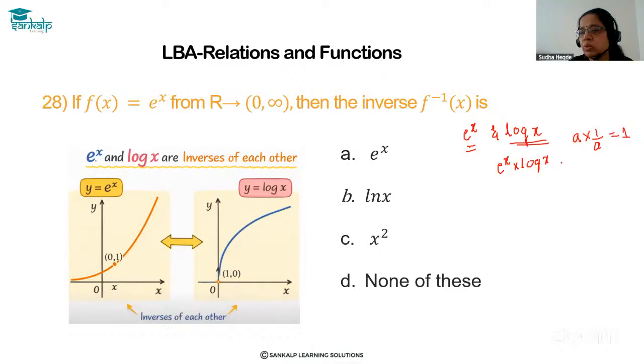Similarly, here also, you are going to get identity function. Correct? Therefore, if this is satisfied, then you can say e power x is inverse of log x, or log x is inverse of e power x.